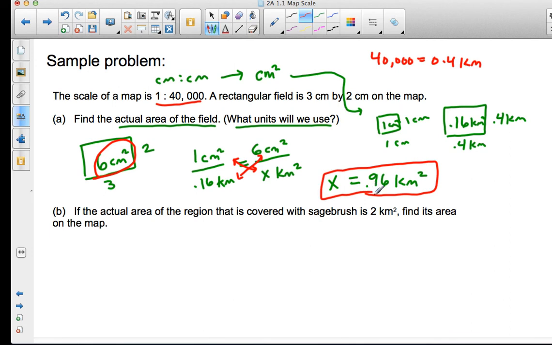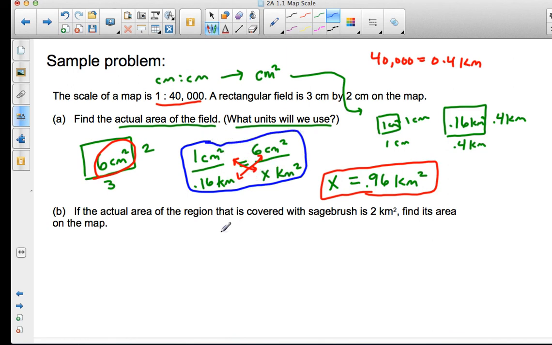Now if the actual area of the region that is covered with sagebrush is 2 square kilometers, find its area on the map. So now because I did all this work earlier where you might have been asking, why did you do it that way, Mr. Chavez? There's probably a different way that'll get my answer. Yes, but now I have this usable ratio that helps me out.